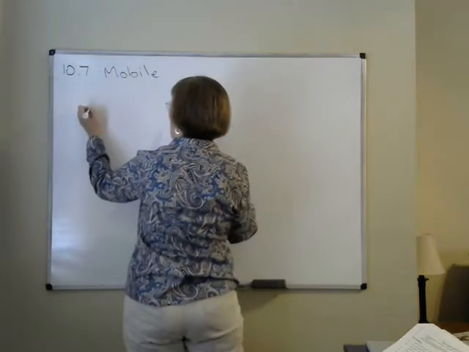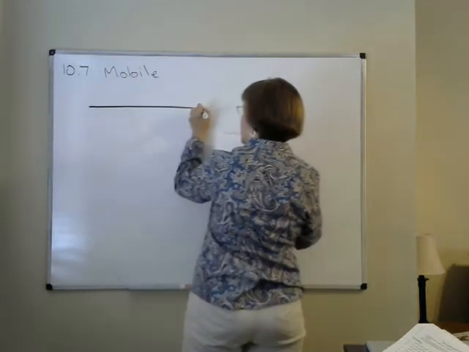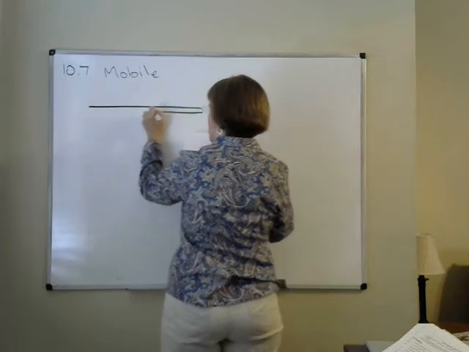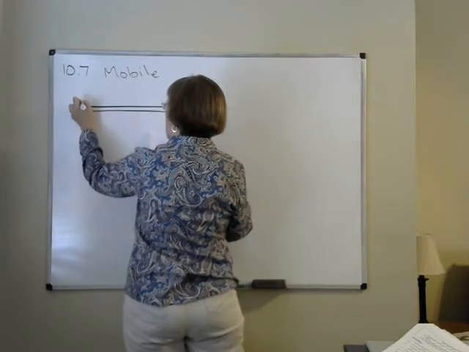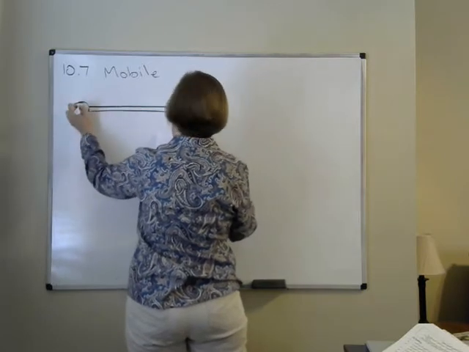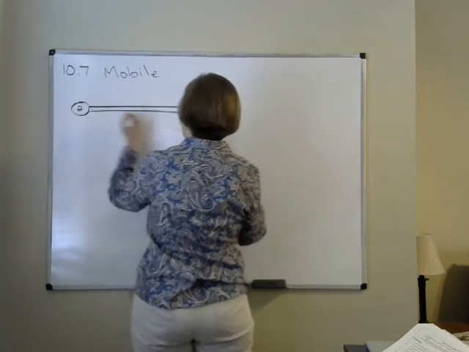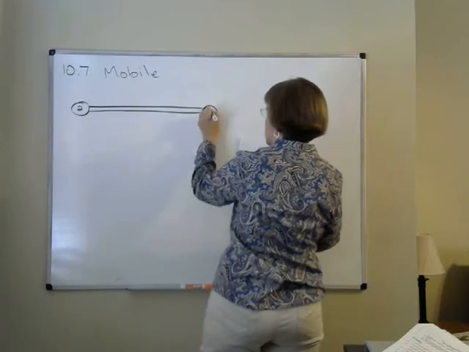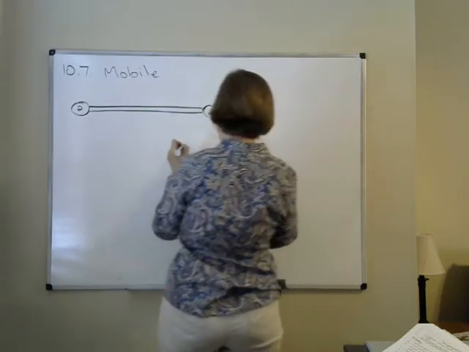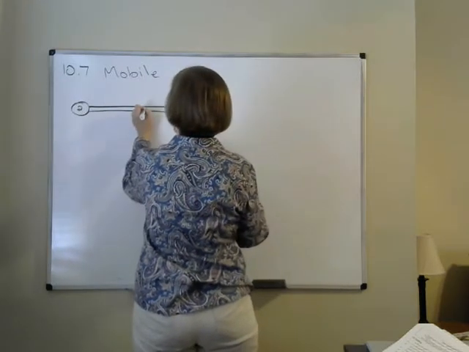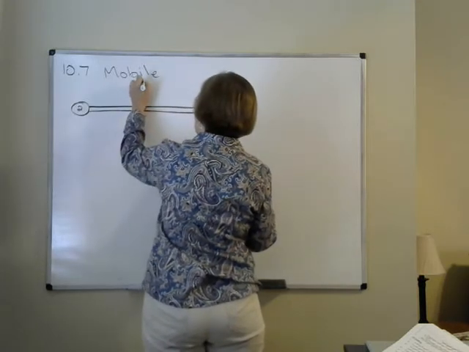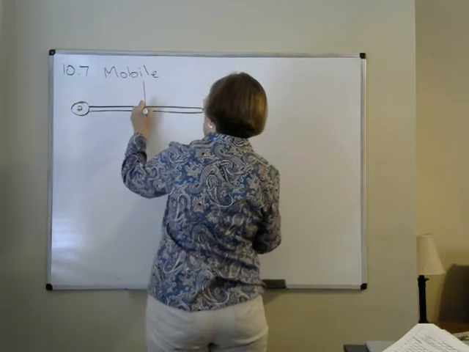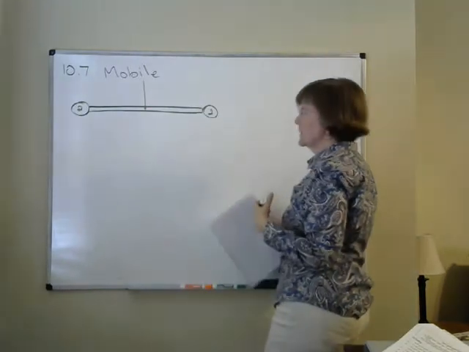It consists of a long rod and on the end of this rod are two 2-kilogram masses. Now, it's going to rotate where it's suspended at its midpoint. So we've got some kind of string, so it's free to rotate about its midpoint.